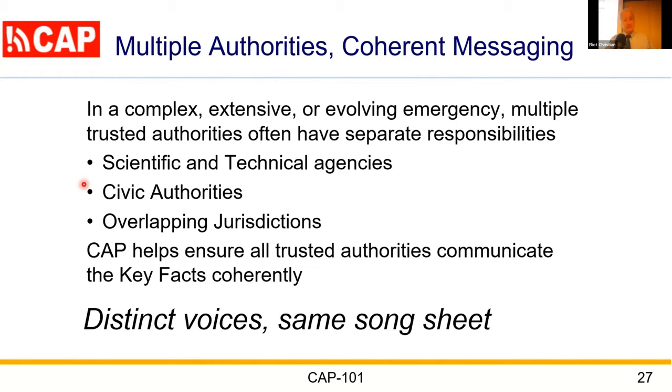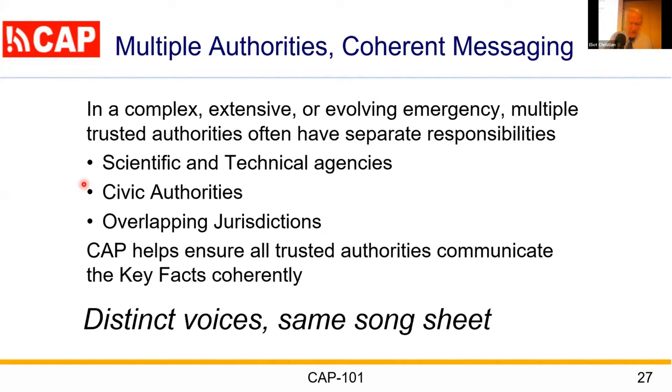Now, the civic authorities are empowered to instruct people on actions such as evacuation, but they're not experts in the actual hazard. So their CAP alert quotes the scientific and technical agency, and in their instruction, they include the actual evacuation route, taking into account what bridges are out, where police are deployed, those kinds of things.